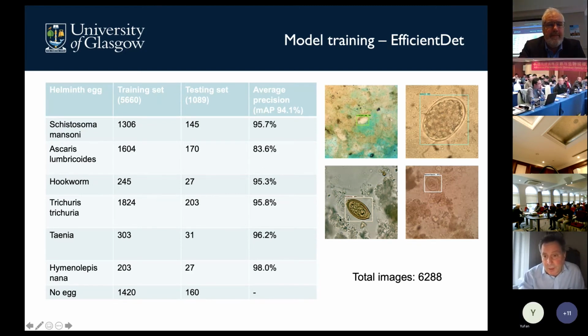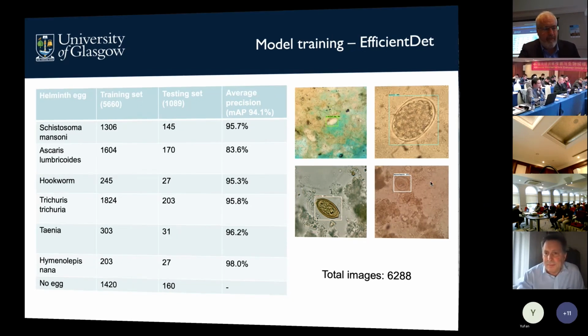Ascaris, which is this one here, is a difficult helminth to actually detect, partly because it's much smaller and the egg is much smaller, and the egg actually has a lot of comparability to fecal matter that you see within the sample.